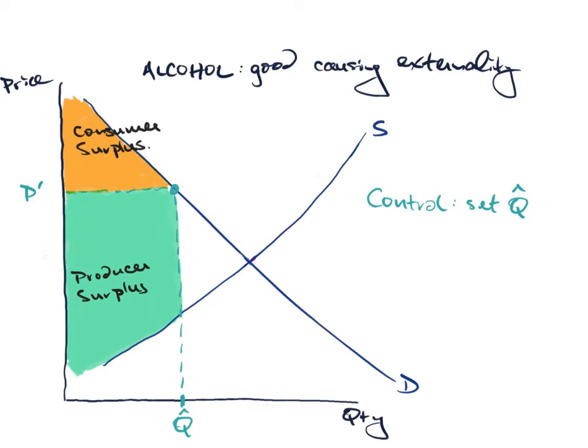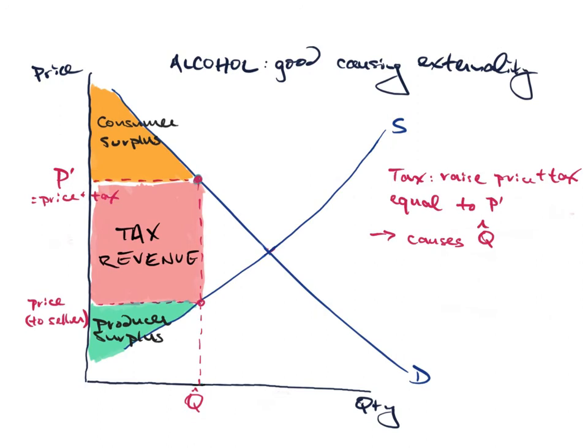When the quantity is restricted, all of this area in blue is producer surplus. Think of that as profit to the sellers. Flip back to the market with a tax, a good chunk of that area of producer surplus turns into tax revenue instead of profit to the sellers.